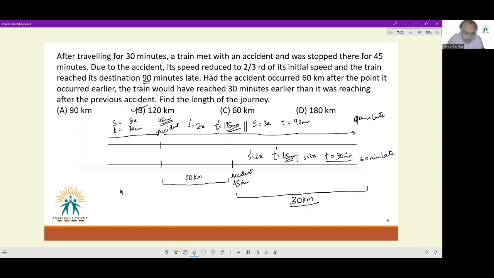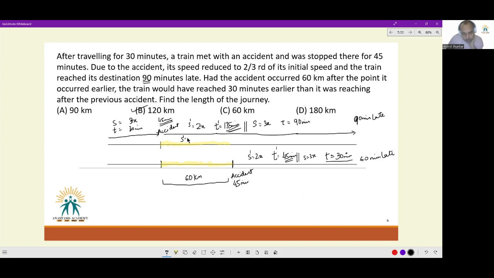The other way to look at it is to look at the diagram above and the diagram below. For this phase, the saving of 30 minutes is happening because in the earlier case, we covered this distance at 2x speed, and in this case, we are covering this distance of 60 kilometers at 3x speed.